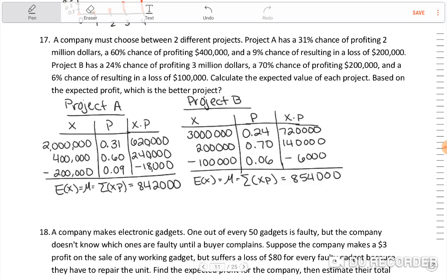Well, the expected profit is going to be higher for Project B. So I would say Project B has a higher expected profit, right?